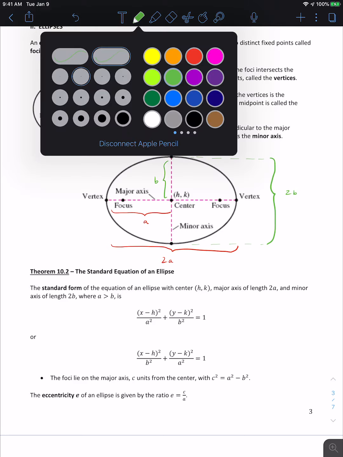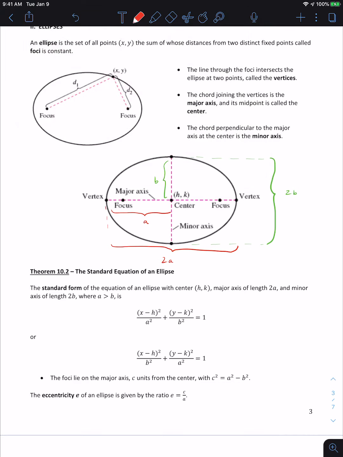In general, a is always going to be the bigger value, because a is what I multiply by 2 to get the full length of the ellipse. So this is the equation: (x minus h) squared over a squared plus (y minus k) squared over b squared equals 1.